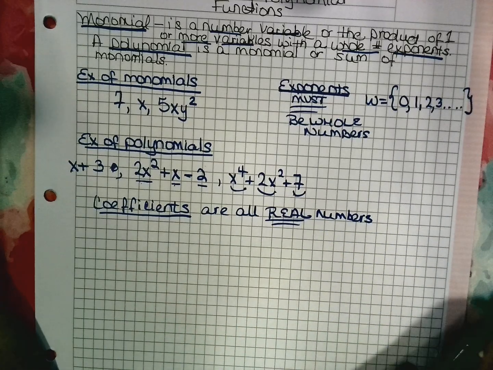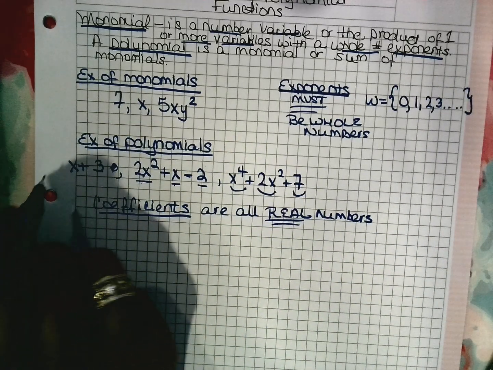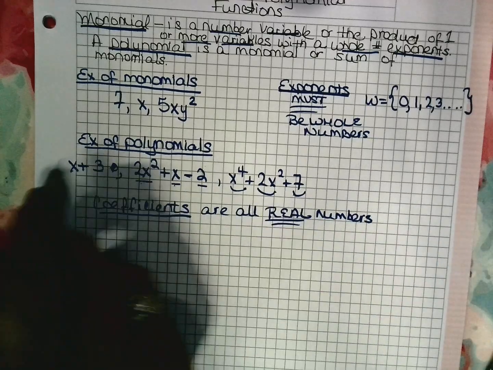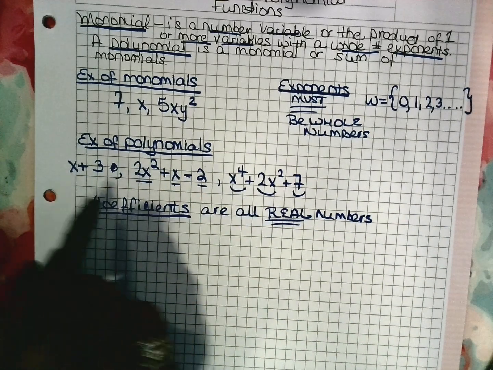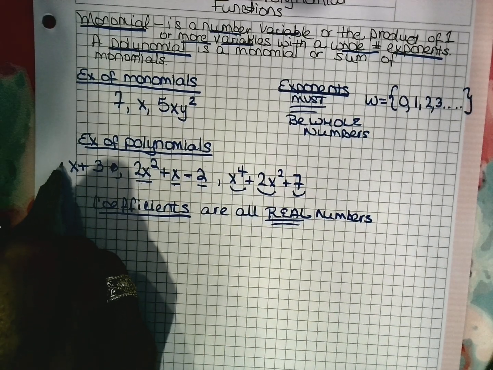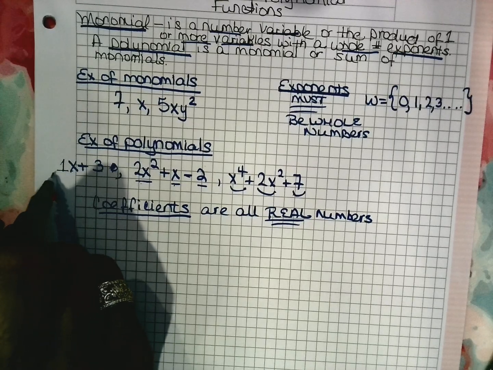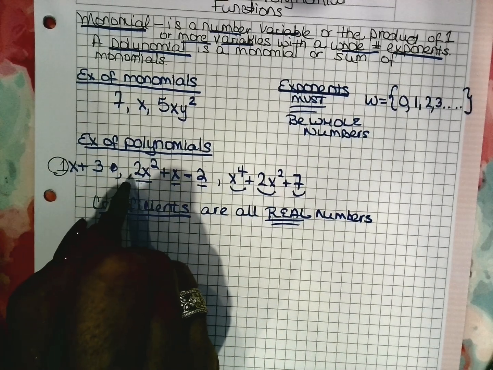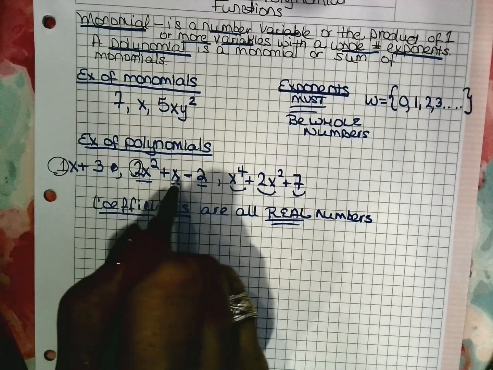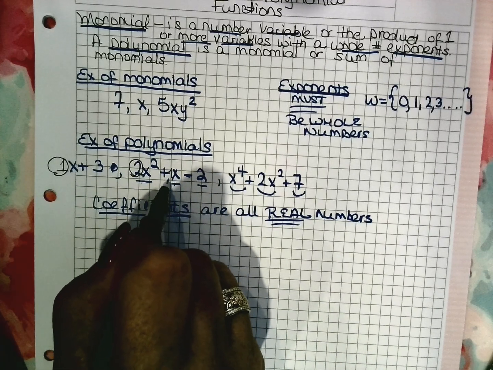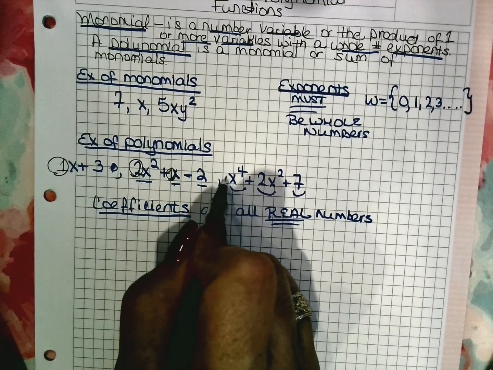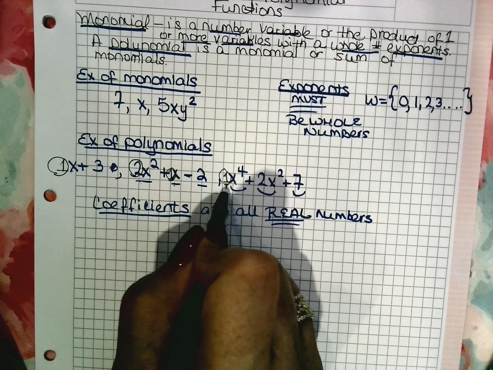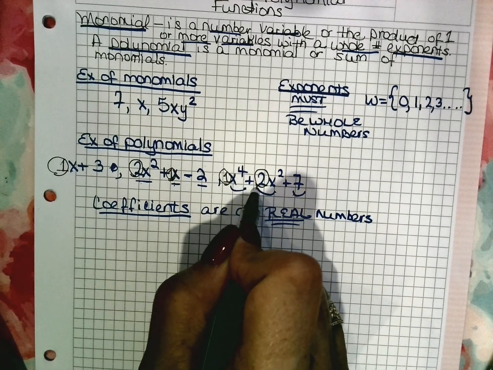A coefficient is the number in front of the x variable. So for example, here we don't see it, but it has a coefficient of 1. This has a coefficient of 2. This has a coefficient of 1. This has a coefficient of 1. This has a coefficient of 2.